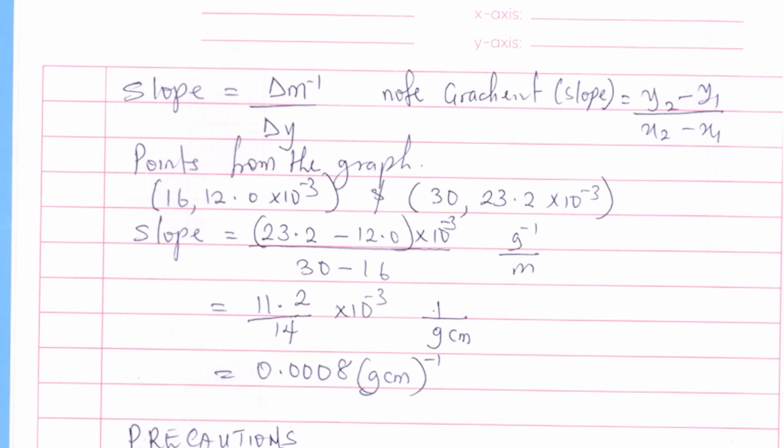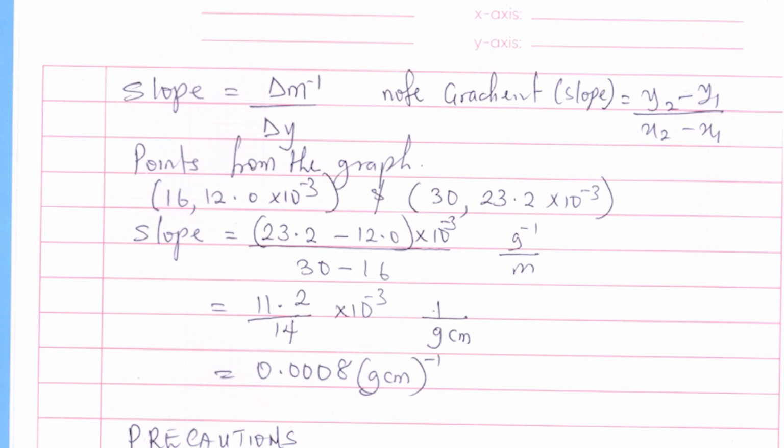But in this, we are applying the concepts of mathematics, but we are putting the units. Don't forget that the unit must be there. Now, the first thing is to say gradient, the slope, equals, in this case, delta m inverse over delta y. So what do we mean? It means the m inverse 2 minus m inverse 1.